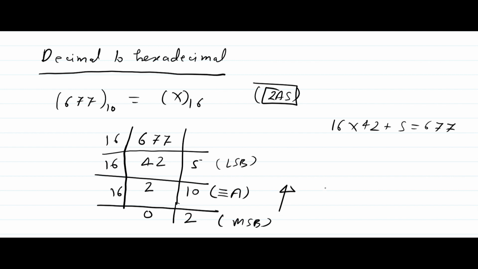When you move like this, the answer will be 2a5 in base 16. And in the previous example we saw that 2a5 in base 16 is 677 in base 10. So this is how we can convert hexadecimal to decimal and decimal to hexadecimal.